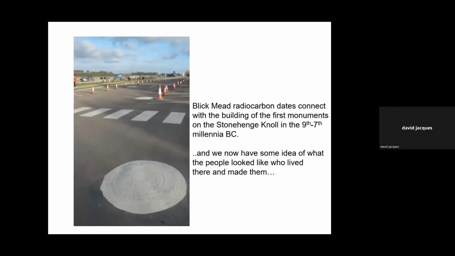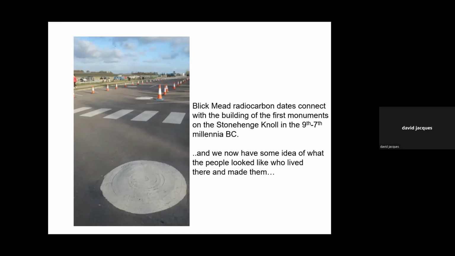Now, one of the excitements for me about the dates is that for the first time we can make sense of these enigmatic Mesolithic-dated post holes found underneath the old Stonehenge car park on the Stonehenge Knoll. Now, these were found in the late 1960s, and at the time, right the way through to the full discovery of Blick Mead, they were almost a type of embarrassment to English Heritage, because, as I was saying earlier, and as Tim Darvill's quote shows, there was just no other evidence really of Mesolithic occupation in the landscape.